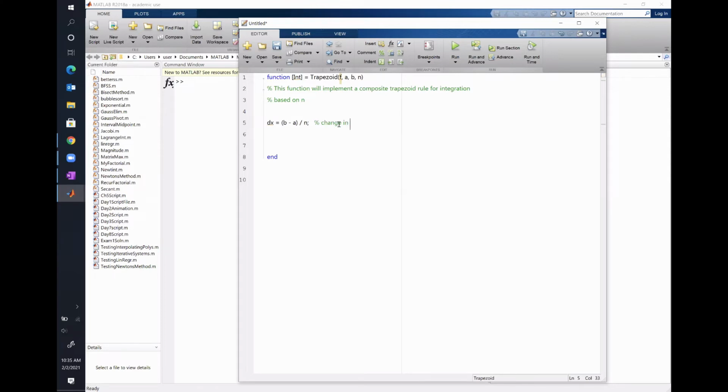So then our x-axis, we'll call it x, is going to be a colon dx colon b. That's going to be my vector of x values.